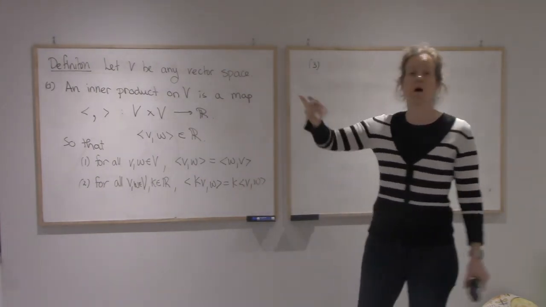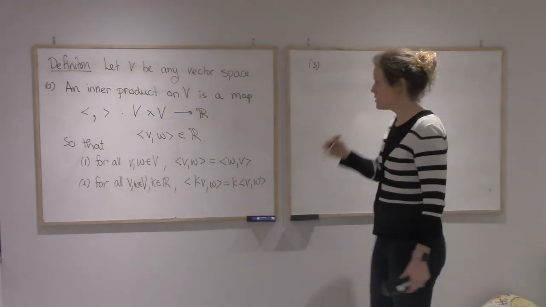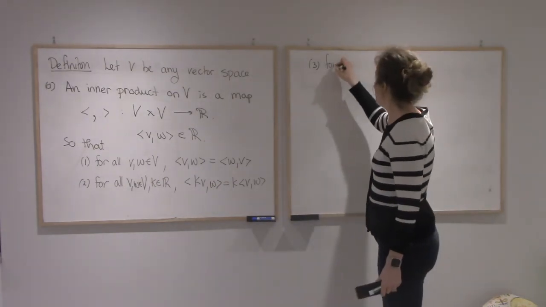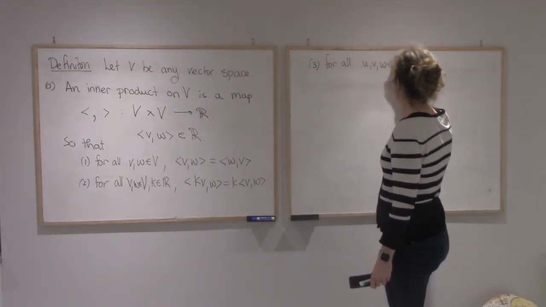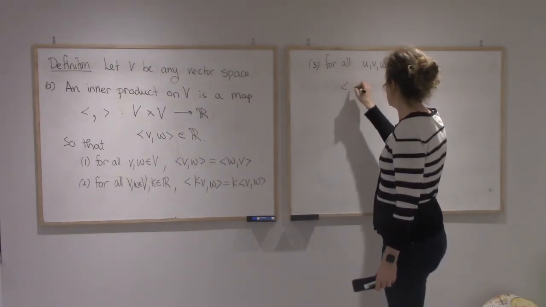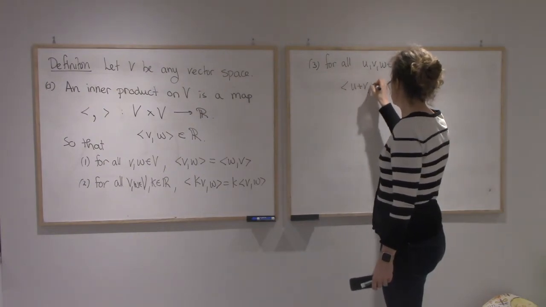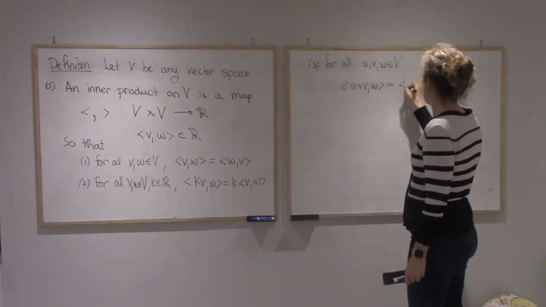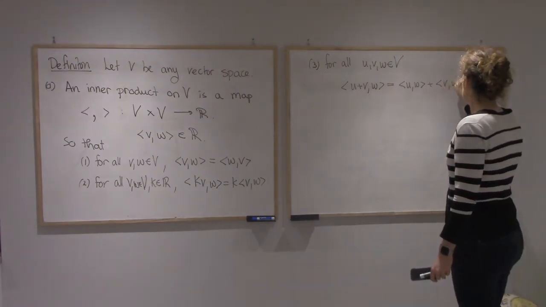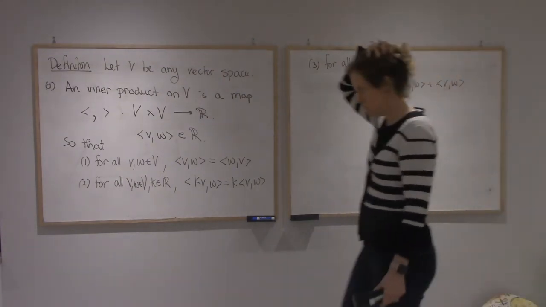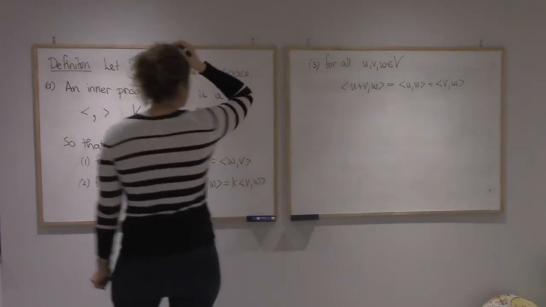All right, the other operation of a vector space is the addition. So for all u, v, w in V, <u + v, w> is <u, w> + <v, w>.